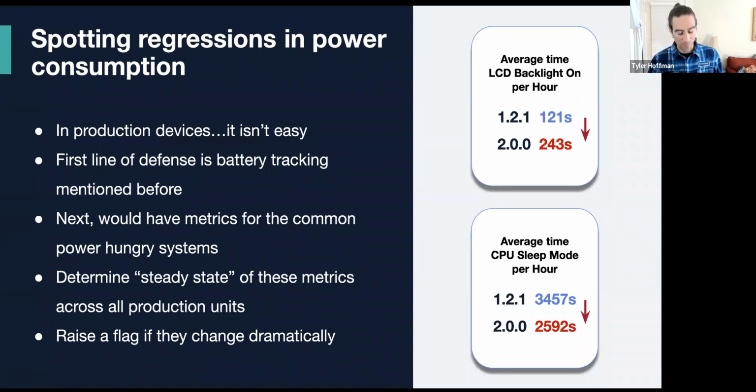I remember at Pebble, there was a battery life regression from one particular firmware update to another, and we didn't see it internally at all. We shipped it to production, and then we saw a lot of customers have really bad battery life. We looked into what was actually being consumed, and it was mostly the LCD backlight being on for more time in the new version than the old version.